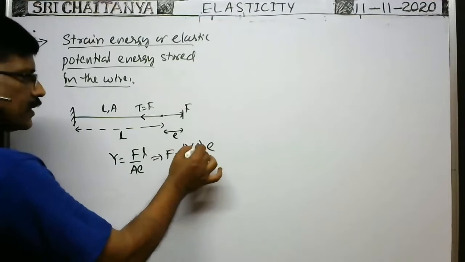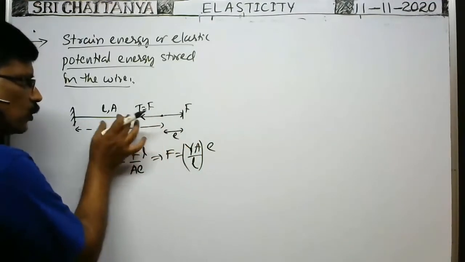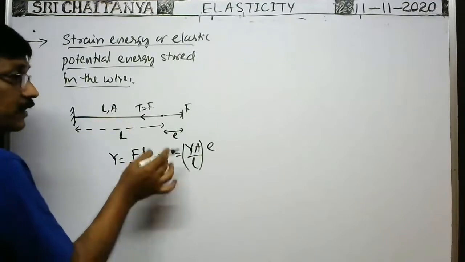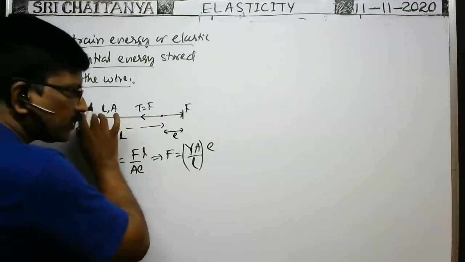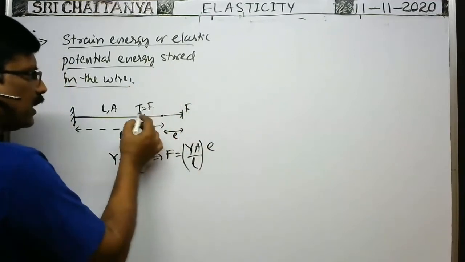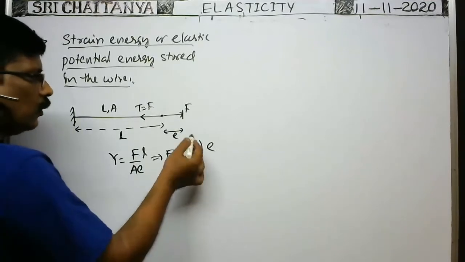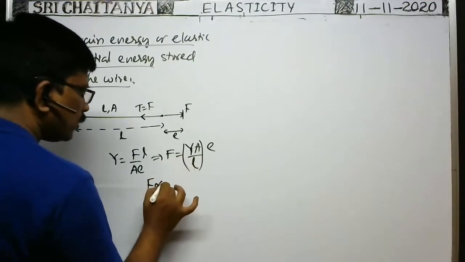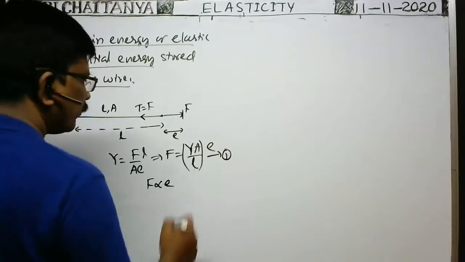Here this something is constant within the elastic limit. Within the elastic limit, whenever the extension takes place, there is no considerable change in the area of cross section. Out of the elastic limit, the wire becomes thin. But within the elastic limit, the area of cross section remains constant. Y is constant, L is the constant original length. From this, F is proportional to e. This is equation 1.